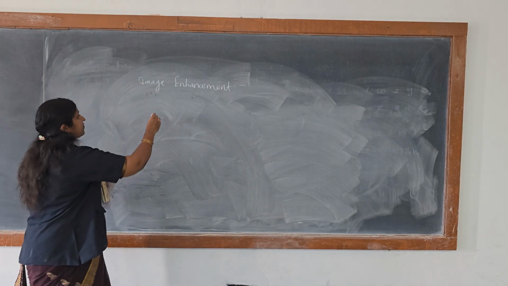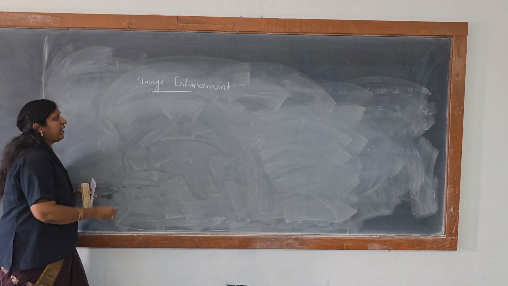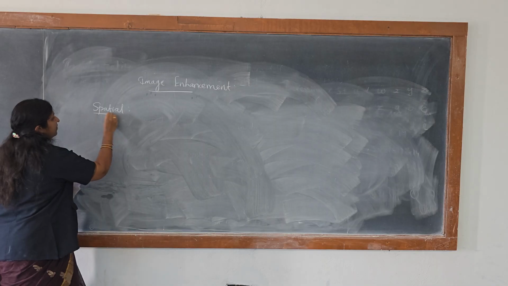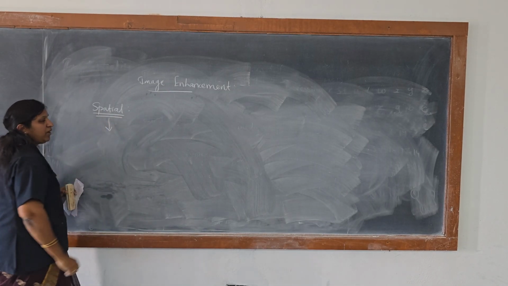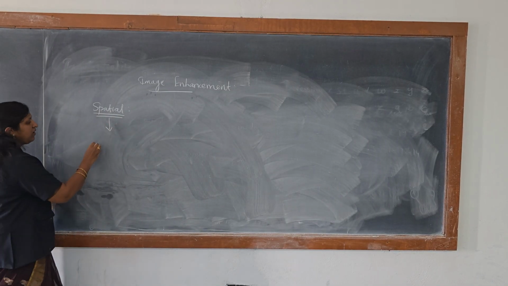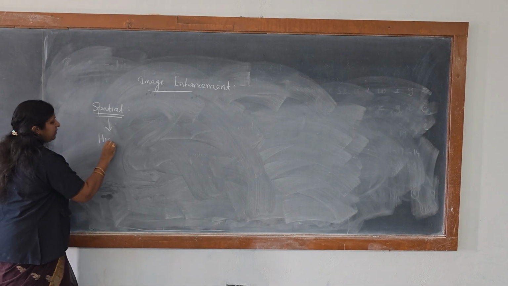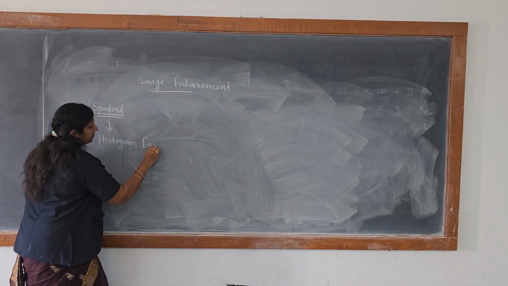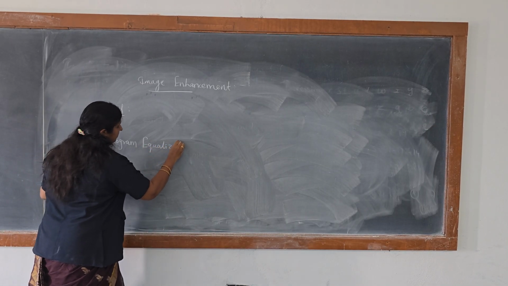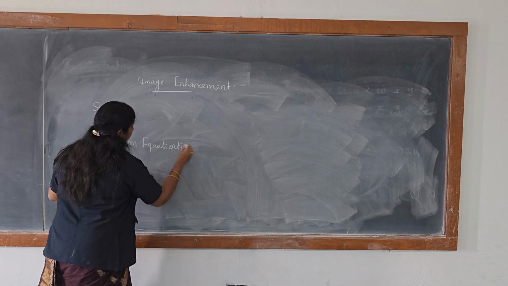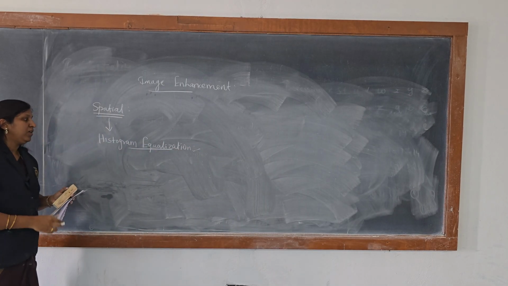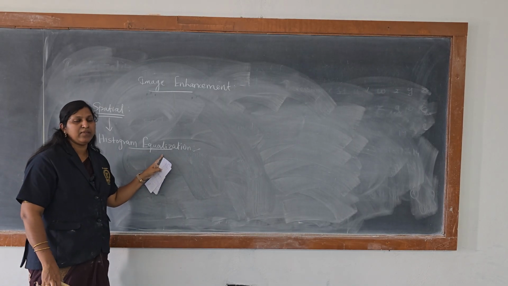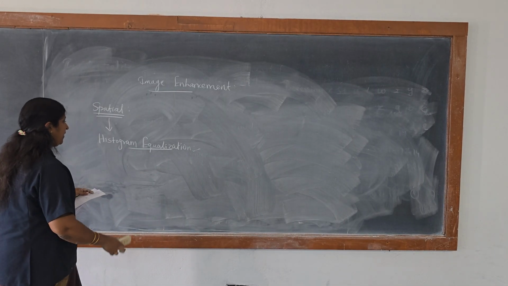Then under spatial domain, one of the important image enhancement techniques is called histogram equalization. We are going to see histogram equalization with one example so that you can understand clearly.